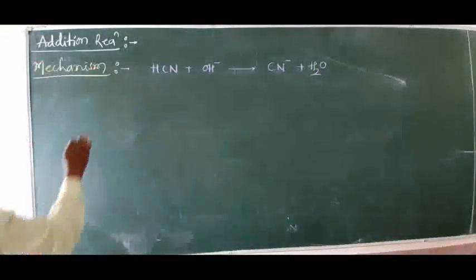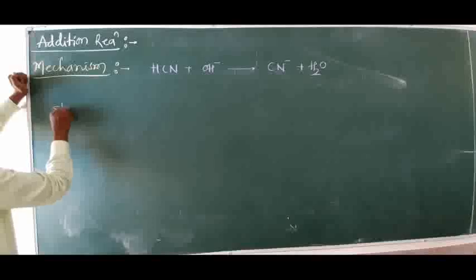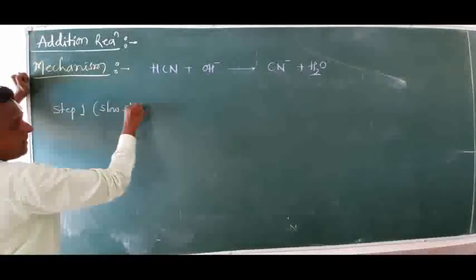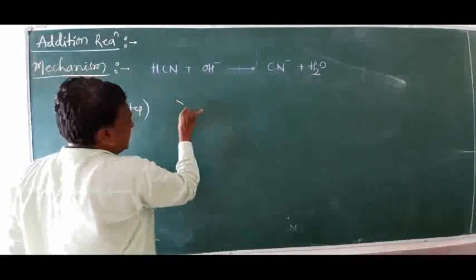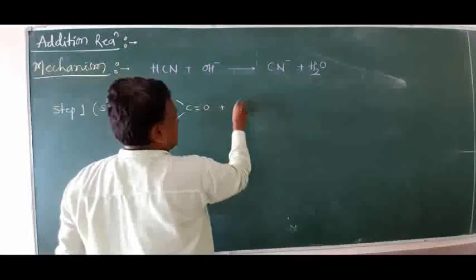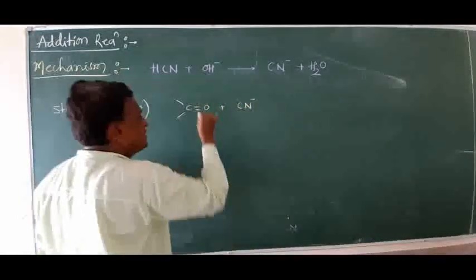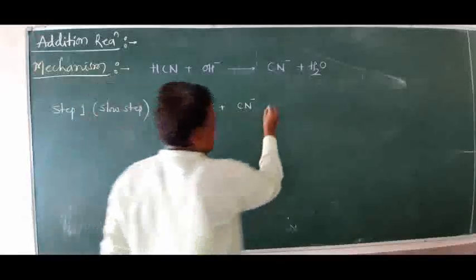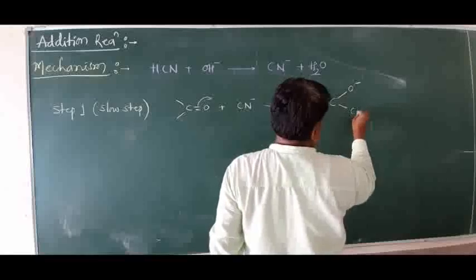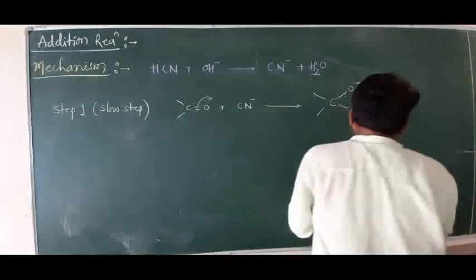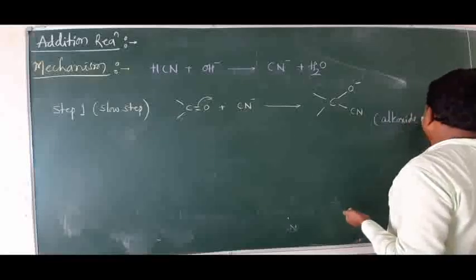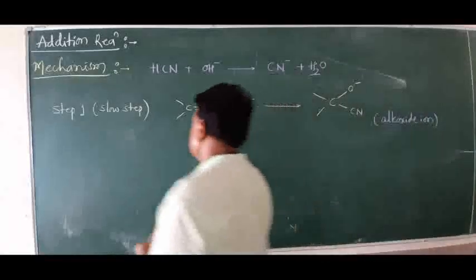Here, friends, the carbonyl carbon in step 1, the slow step: this carbonyl carbon, C double bond O, reacts with CN minus with cleavage of this pi bond to form the product C, this is O minus, this is CN, an intermediate alkoxide, an alkoxide ion.